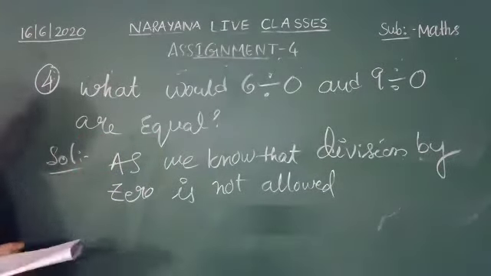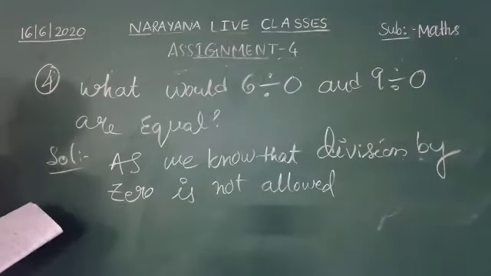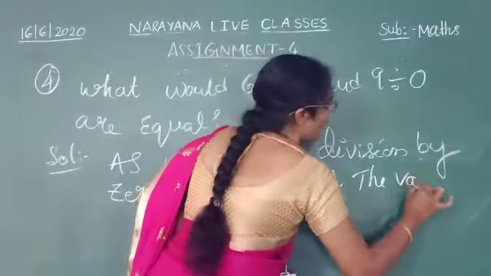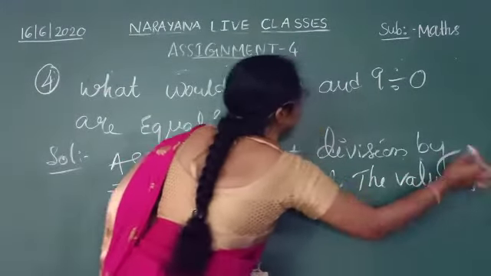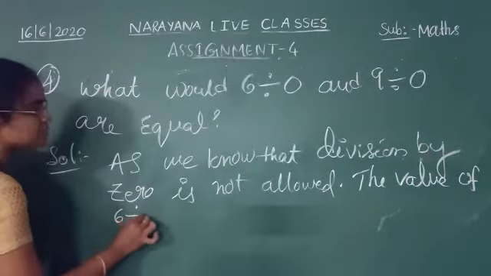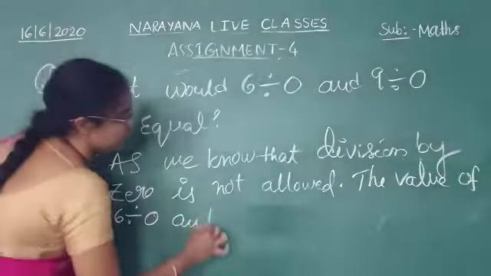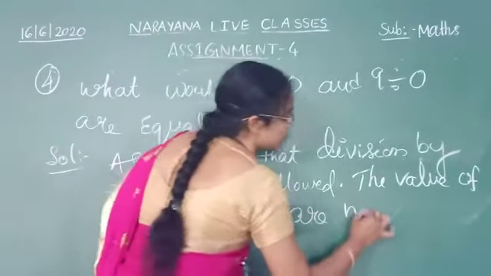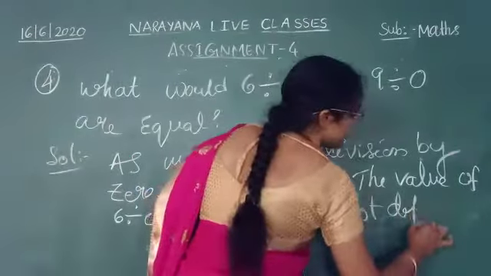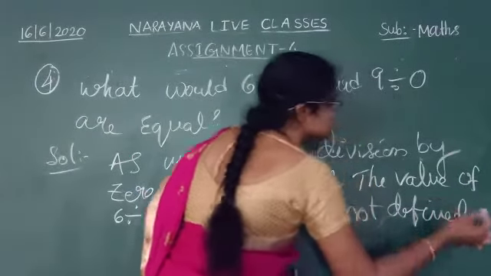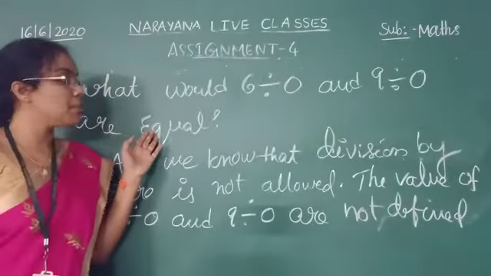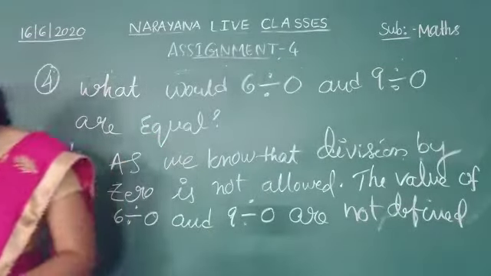The division is not allowed. So the values of 6 by 0 and 9 by 0 are not defined. Why? Because any number by 0 is not defined, so the answer is not defined.